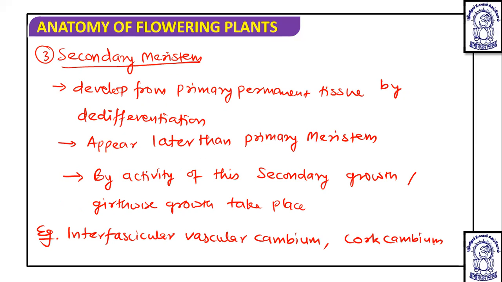Initially, from early life, the meristems which are present are the primary ones, like apical, intercalary, and intrafascicular. But secondary meristem appears later in life from the non-dividing cells. So suppose this is a dividing cell, and this is a non-dividing cell.